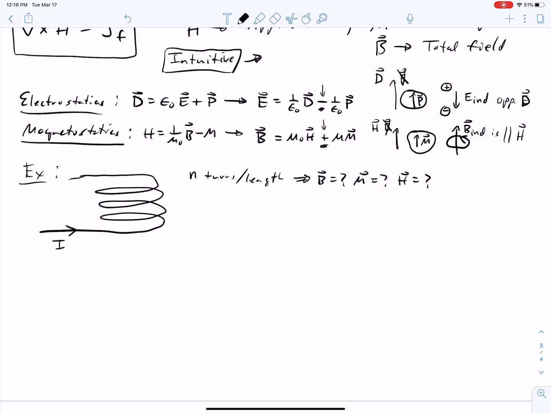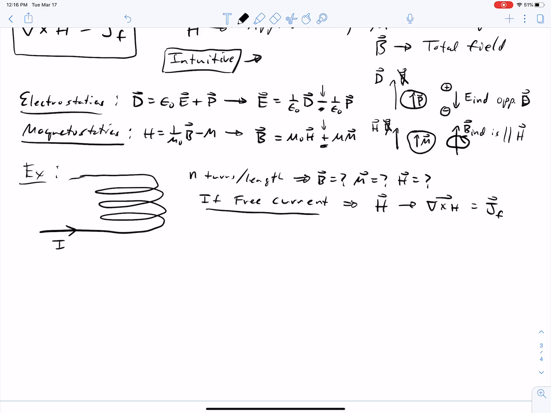And if there's free current, then you immediately go to H. If free current, then we go right to the H field, because we know that del cross H is equal to J free.